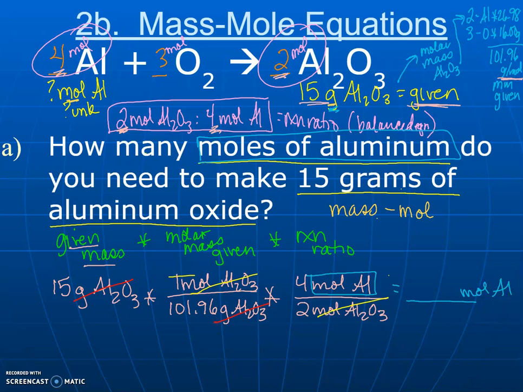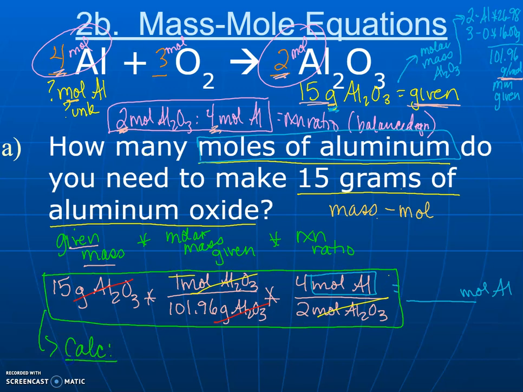Grab your trusty calculator and let's see how we put this whole thing into the calculator correctly by saving time. If it's in the numerator, you multiply by everything in your numerator and divide by every denominator. So I would plug in 15 times 1 times 4 divided by 101.96 and another divided by 2. Make sure you try this.